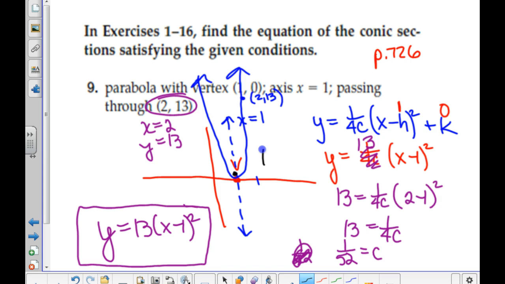So it would be at over 1 and up 1/52. And the directrix would be 1/52 this way, and remember, it's perpendicular to that axis of symmetry, so it's going the other direction. So that would be y equals negative 1/52. Don't have to have that for that question. Ben just asked me to review that.